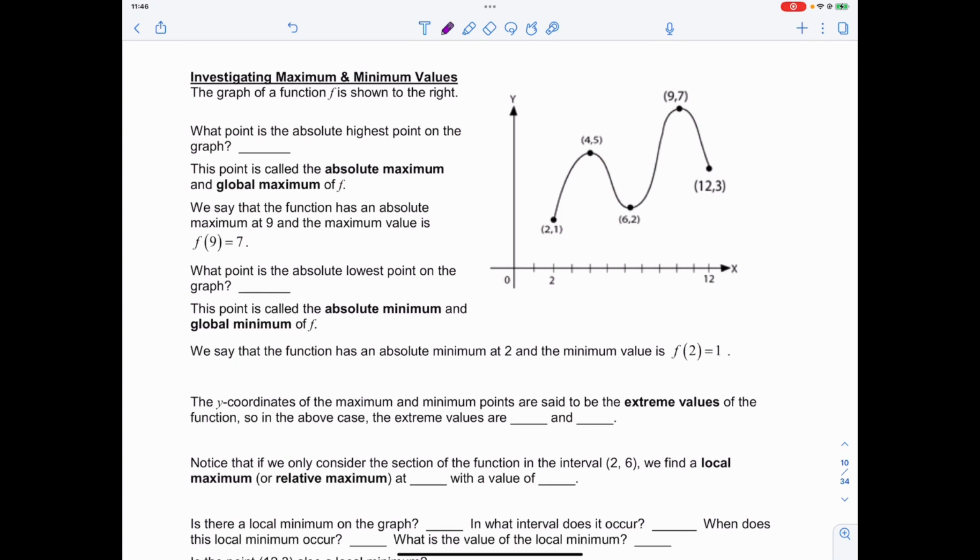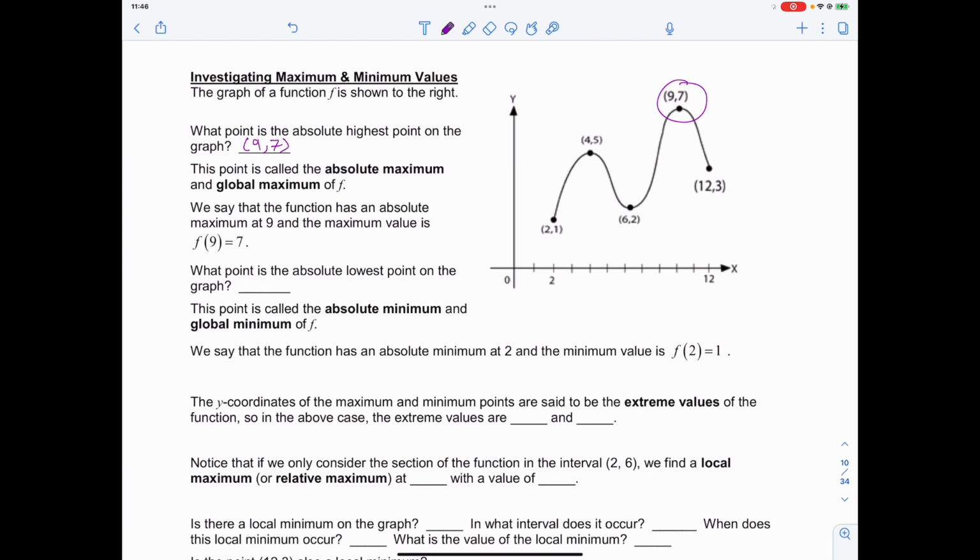So when we're investigating these max and min values, we're given the graph of a function that's shown on the right here. When it says, what point is the absolute highest point that occurs on the graph? We can very clearly see that there's my highest point at 9 and 7.